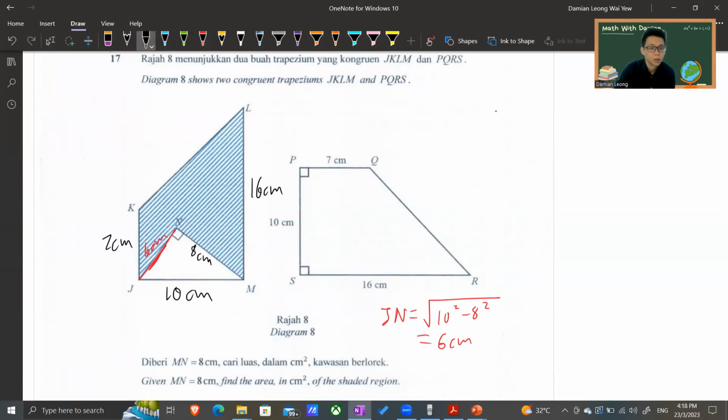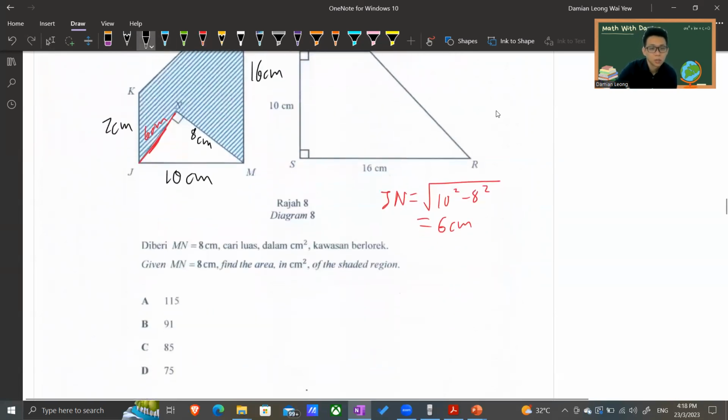Yeah. So area of shaded region is area of the whole trapezium minus area of the unshaded triangle here. Area of trapezium, half times sum of parallel sides, 7 plus 16 times 10, minus area of triangle, half times base times height.